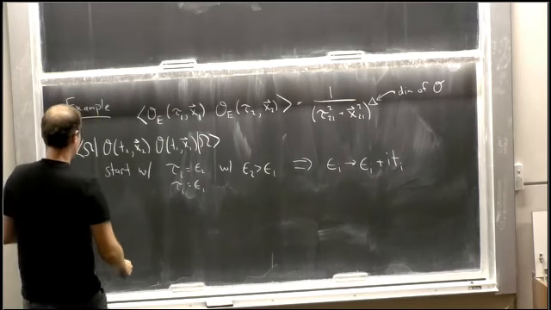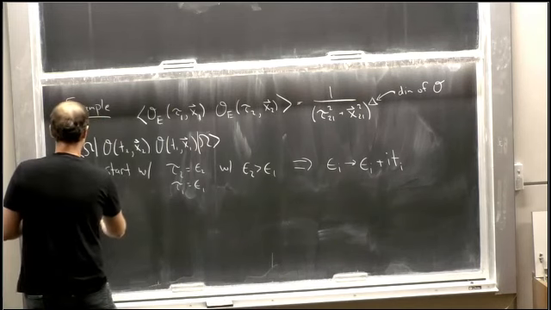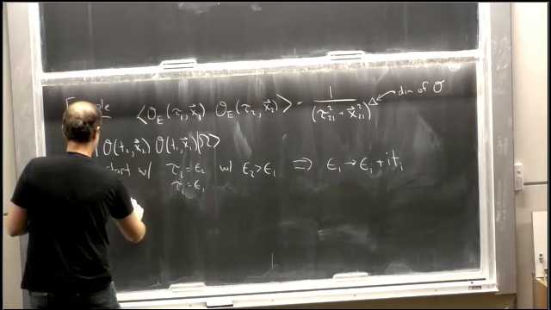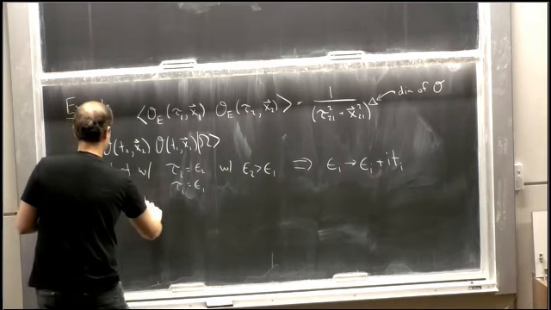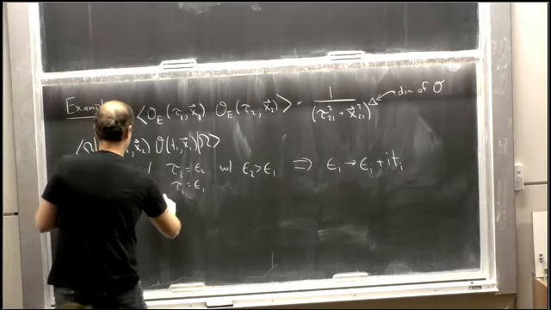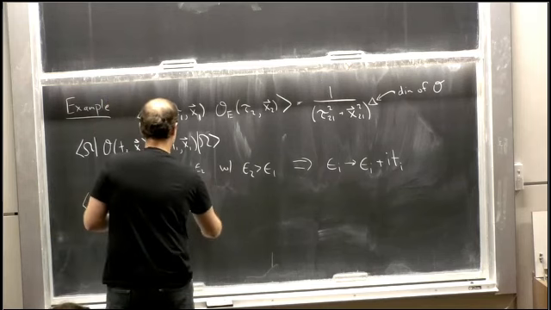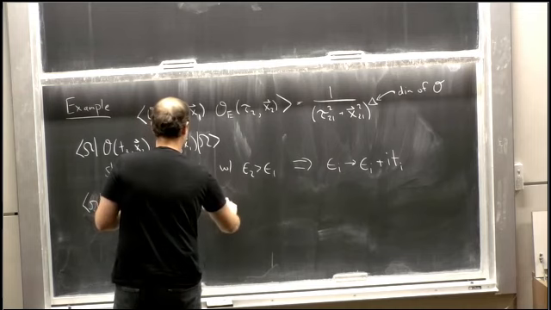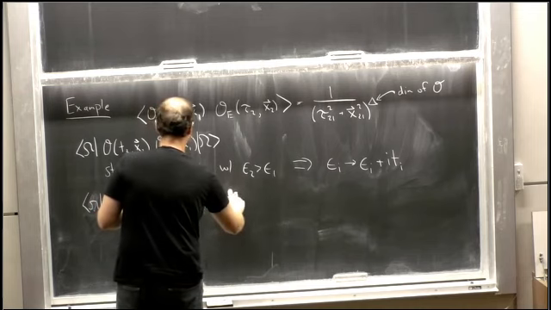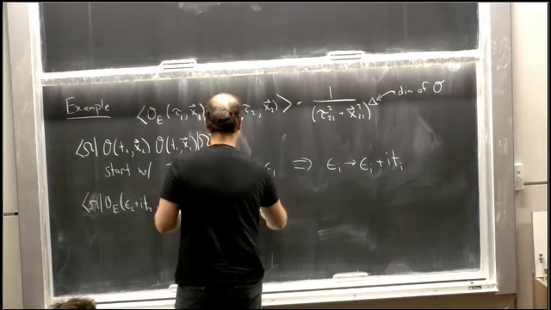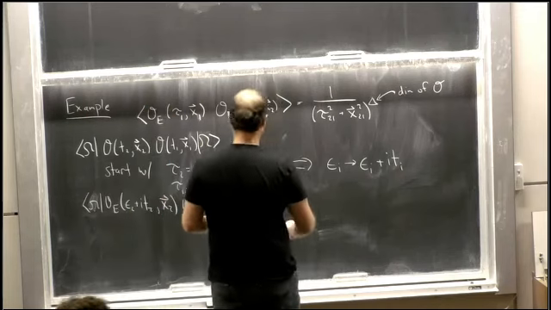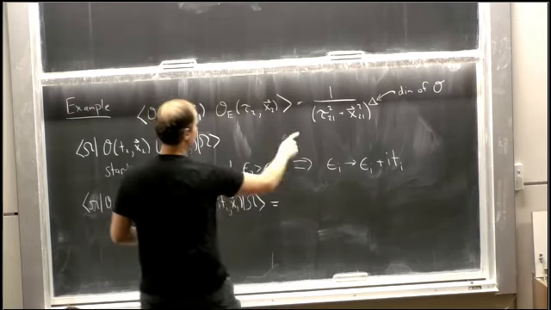Okay, so what we end up with is this Euclidean correlator evaluated at epsilon 2 plus i t2, x2, and epsilon 1 plus i t1, x1, and that's just given by plugging these time coordinates into this expression.